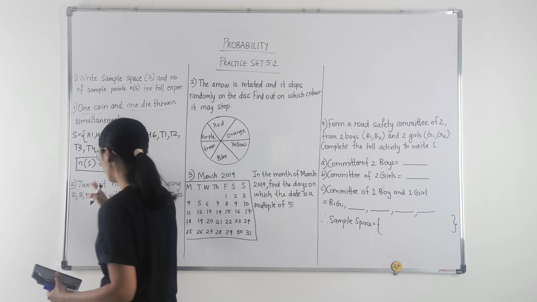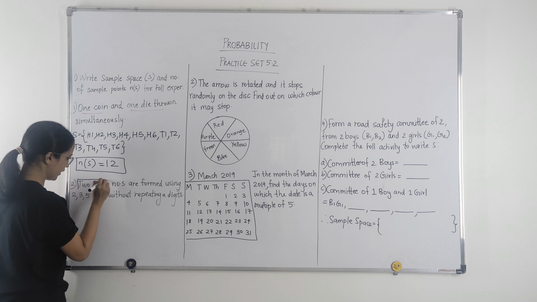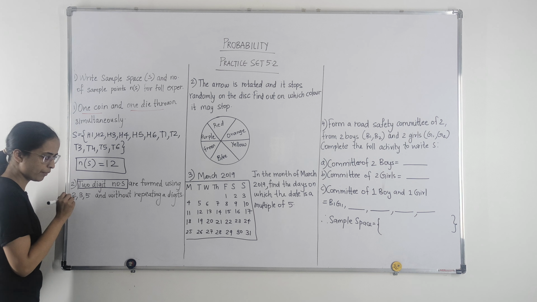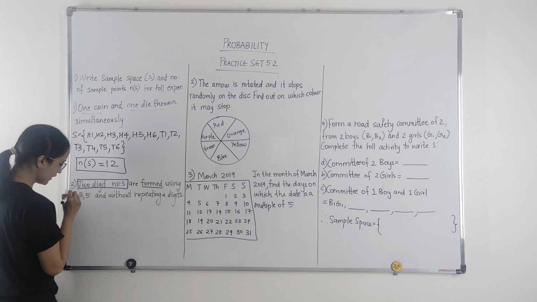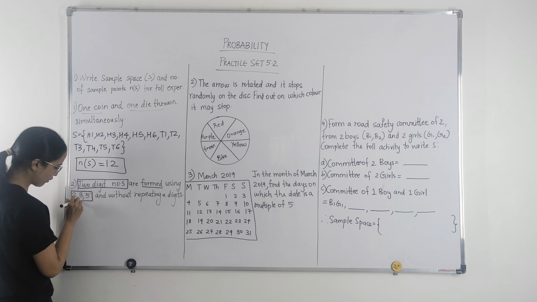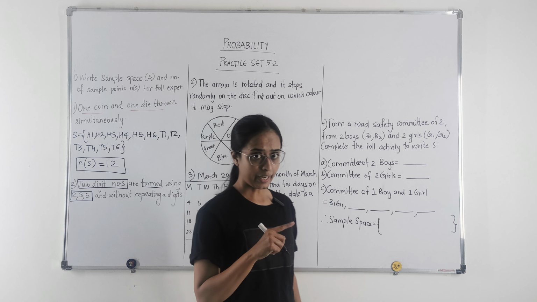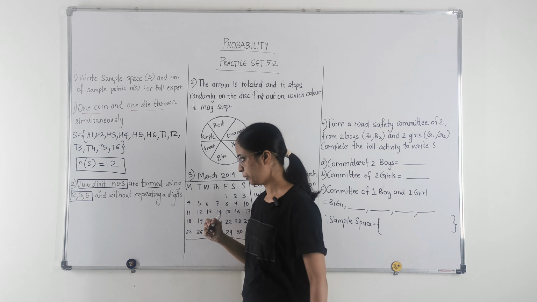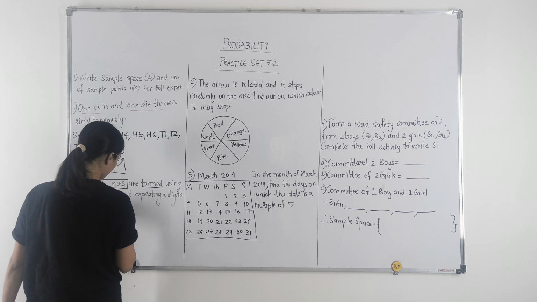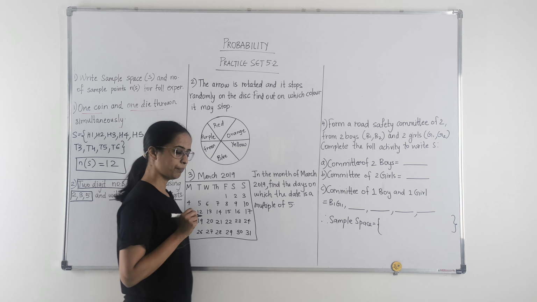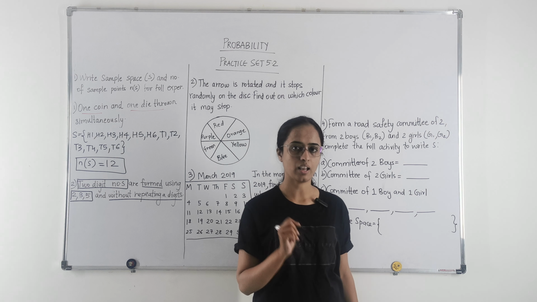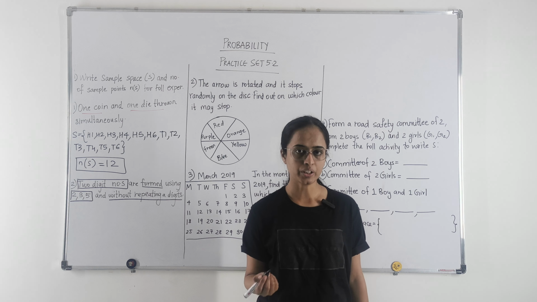Again, 2-digit numbers, this is one keyword that is there. So we have to form 2-digit numbers. The data given to us is 2, 3 and 5. So we have to use these single digits to find 2-digit numbers. Additional information given in this case is without repeating a digit, meaning no repetition of digit is allowed when you form a 2-digit number.